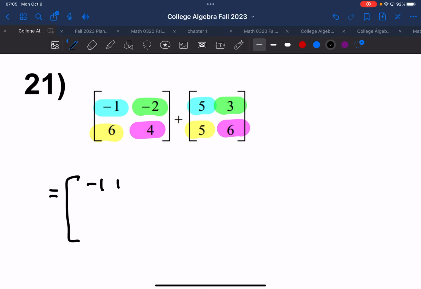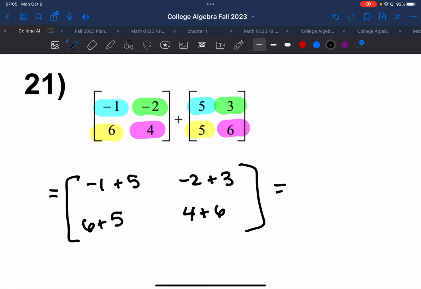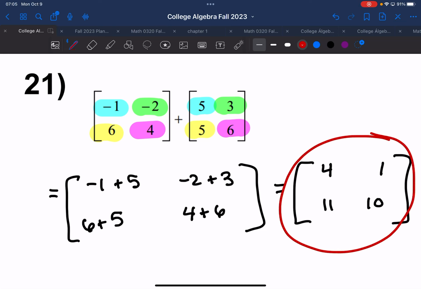So -1 plus 5, -2 plus 3, 6 plus 5, 4 plus 6. So simplifying that, I get 4, 1, 11, and 10, which is also a 2x2 matrix, and my answer.